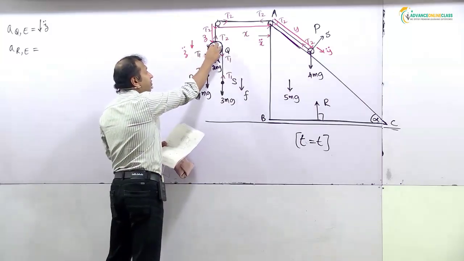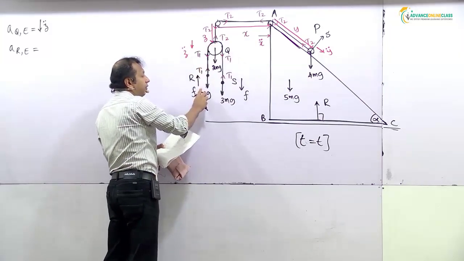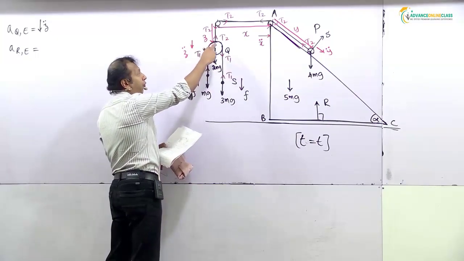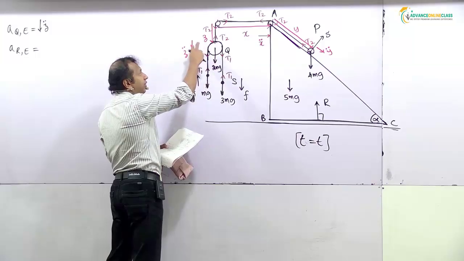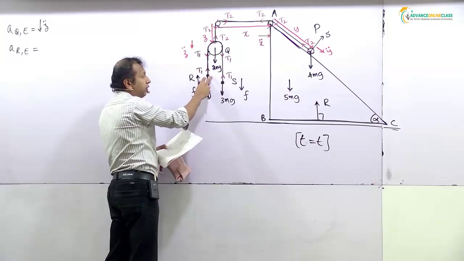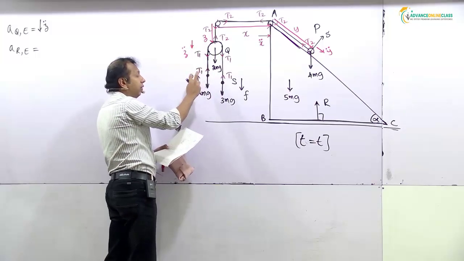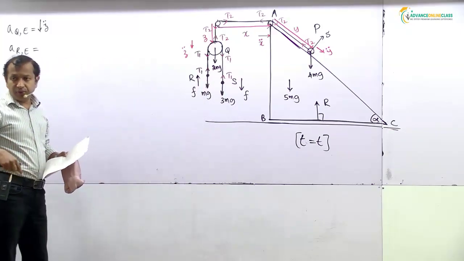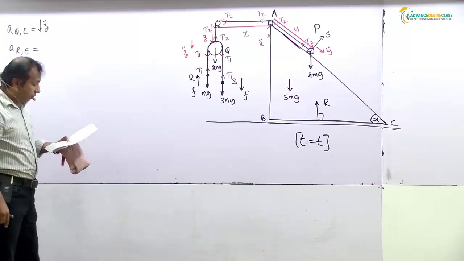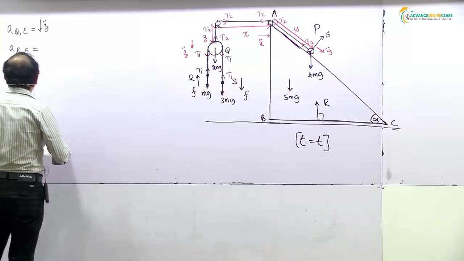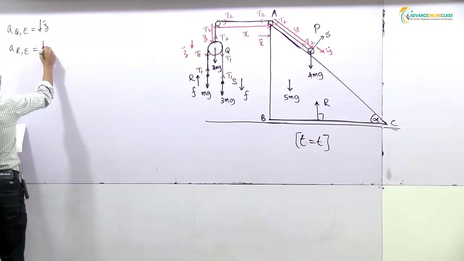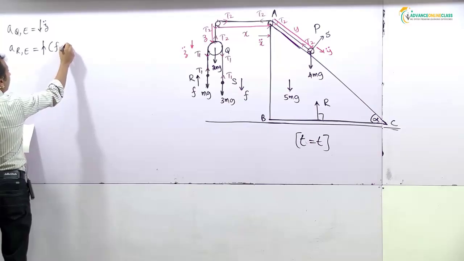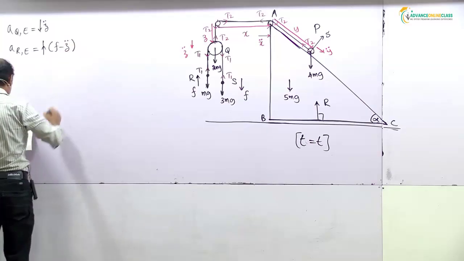If this Q is at rest, this R moves with acceleration F upwards. Once this Q moves with acceleration z double dot, this will get it automatically. So then this R will have downward z double dot, upward F. So therefore, in the upwards direction, the acceleration of R is going to be F minus z double dot.